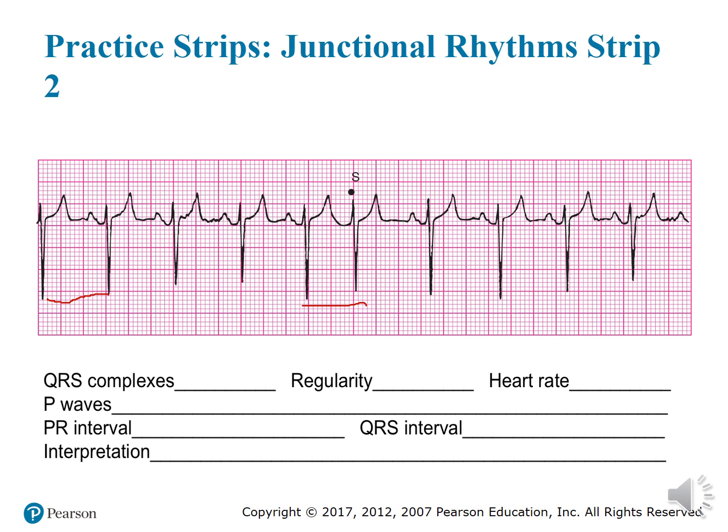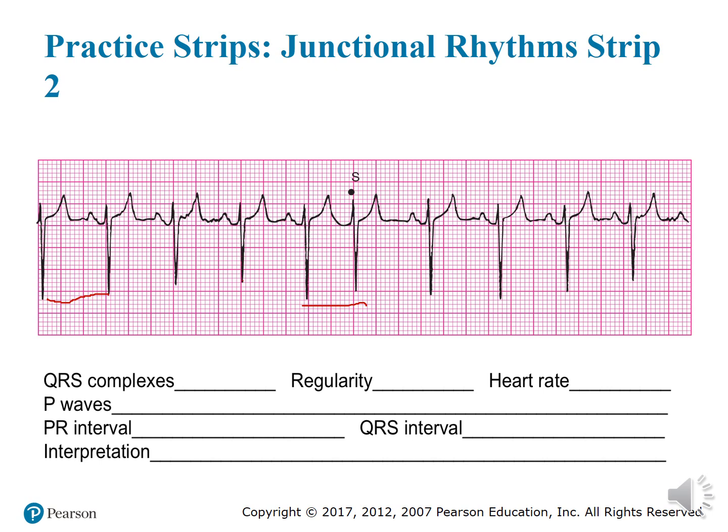PJC. But remember, I said also PJC's heart rate depends on its underlying rhythm. And being that its heart rate is 107, and we have P's that are preceding our QRS's, we have a sinus tachycardia with a PJC. But if you just write down PJC, you are not wrong.